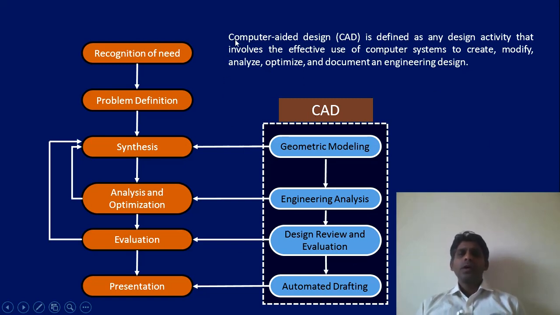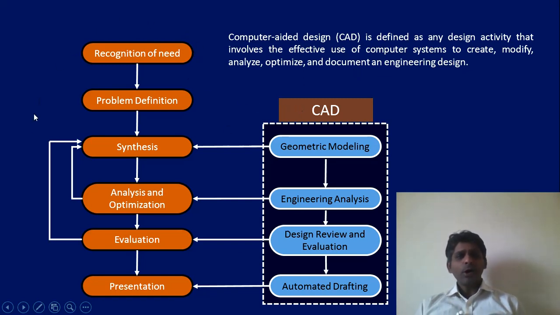So here we see what is the definition of CAD. By CAD we actually mean computer aided design, right? And it is defined as any design activity that involves use of computers, right? So why we are using computers is to create, to analyze, to optimize, and finally document an engineering design.